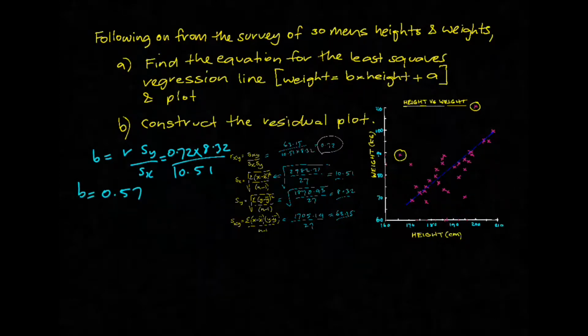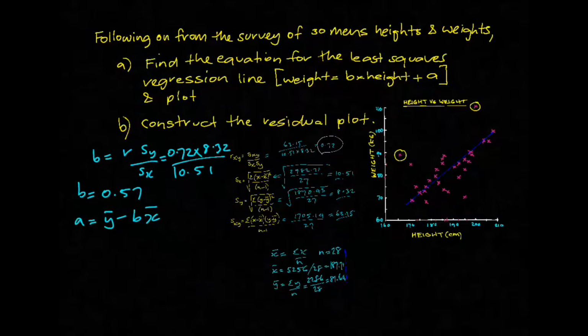Now we can calculate a. A is equal to y bar minus b x bar. So that's the mean of the weight minus b times the mean of the height. Now remembering we calculated x bar, the mean height, and y bar, the mean weight, in part 1 of the video.